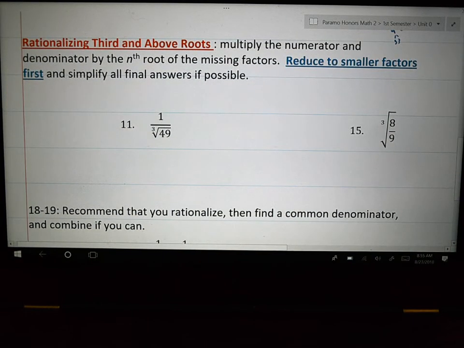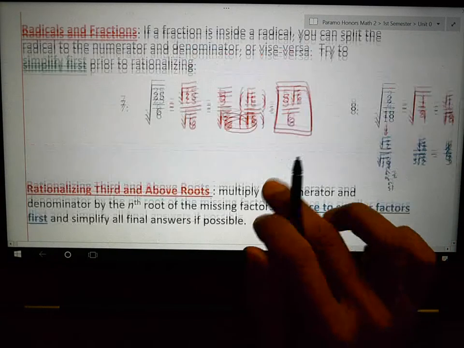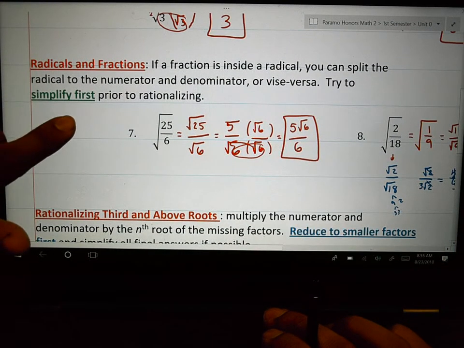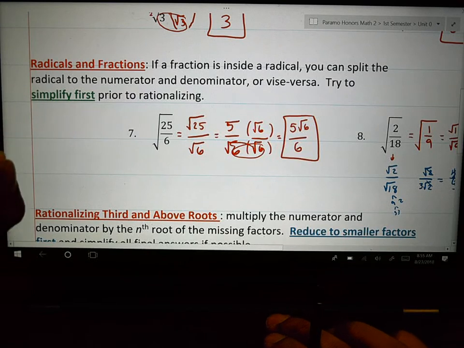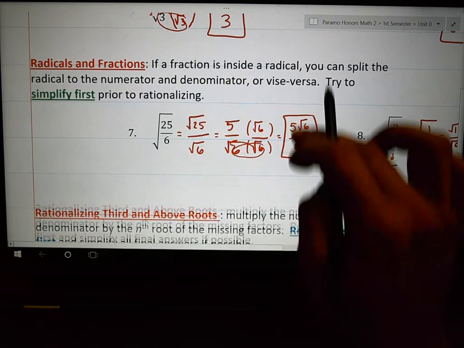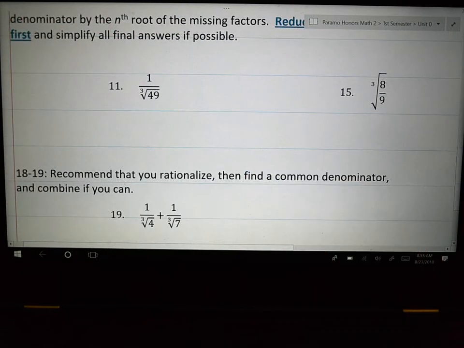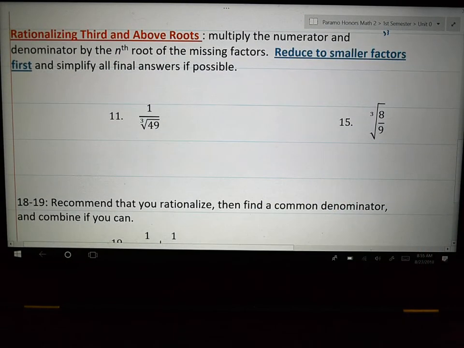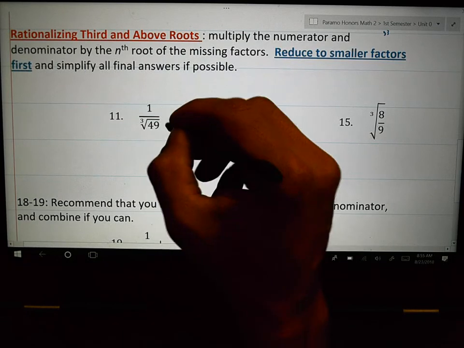It will be somewhat the same idea when we start moving into third roots and fourth roots and things like that. Just like before, when I said simplify first, I want you to start thinking about making things smaller before you make them bigger. When I look at number 11 and I see 1 over the third root of 49, I want you to know that 49 breaks apart. I want you to think of this.